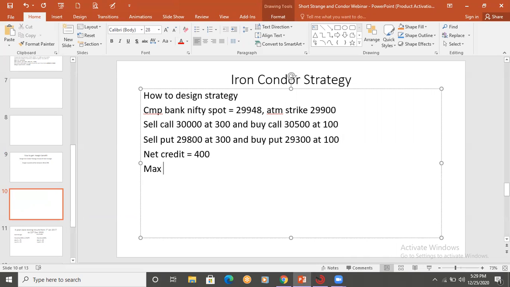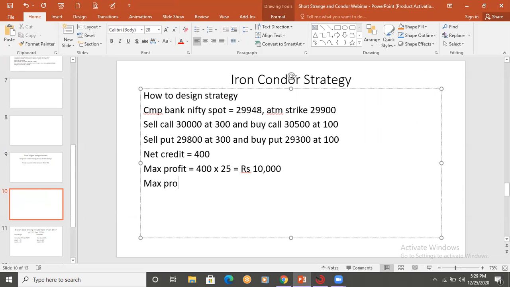Now let's discuss what will be the maximum profit. So again, as a seller, our maximum profit will be 400 points, not more than that. So with lot size 25, my maximum profit will be 10,000 rupees. Now you need to understand when this maximum profit will happen.